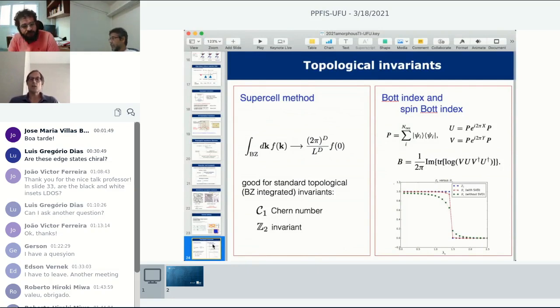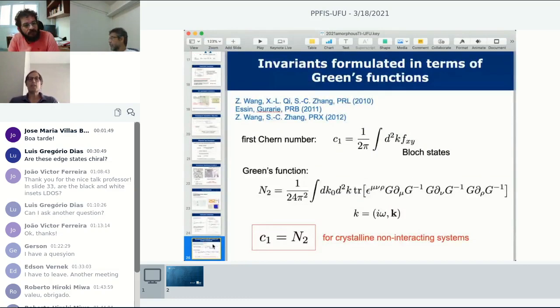I personally like this one, an old proposal by Saint-Joseph, which computes the topological invariant using Green's functions. This is very expensive.